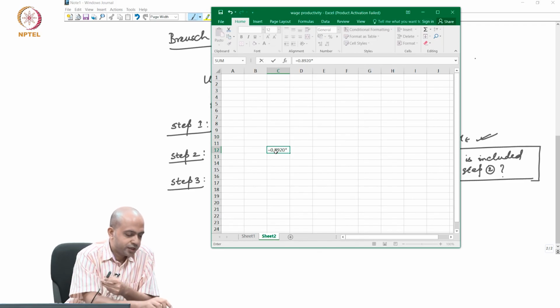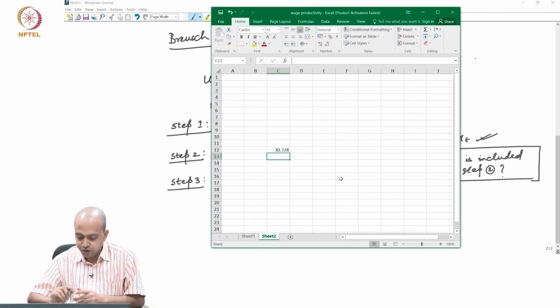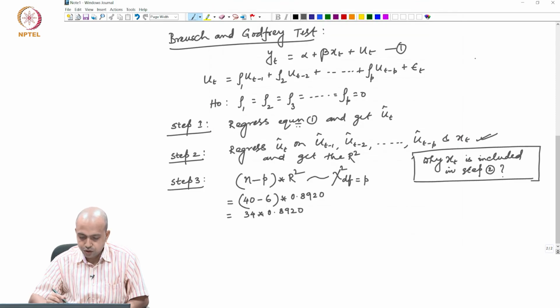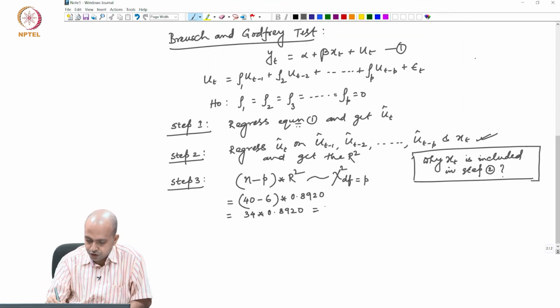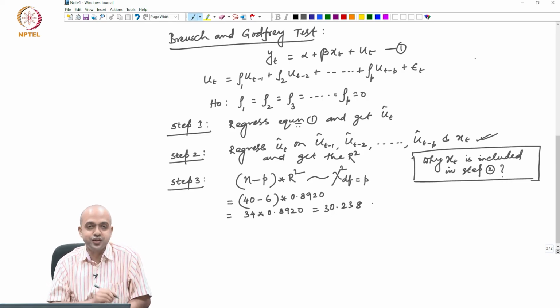If you multiply 0.8920 by 34, it comes to 30.328, or 30.238. So, this is the calculated chi-square.